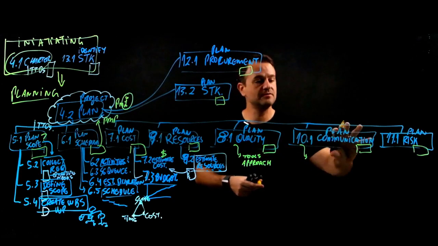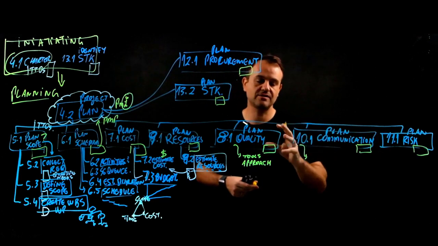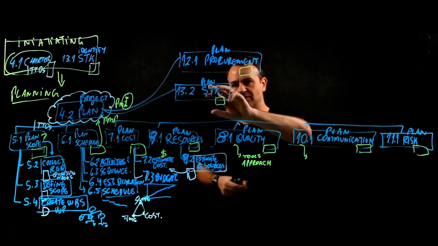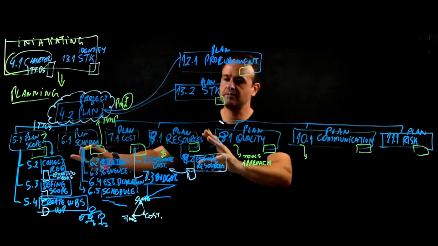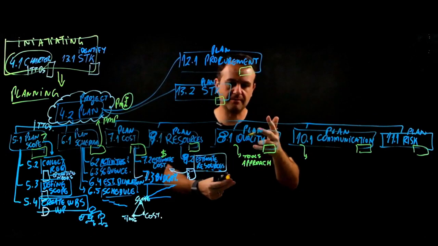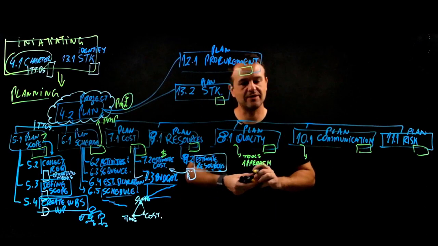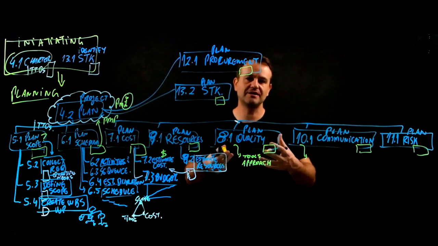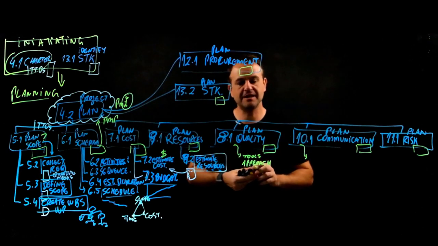We call the subsidiary plans or auxiliary plans, quality, communications, risk, procurement, stakeholder. And here we have the baseline for scope, time, costs, and resources, okay? So all the project plans are going to be united, coordinated into the project management plan.